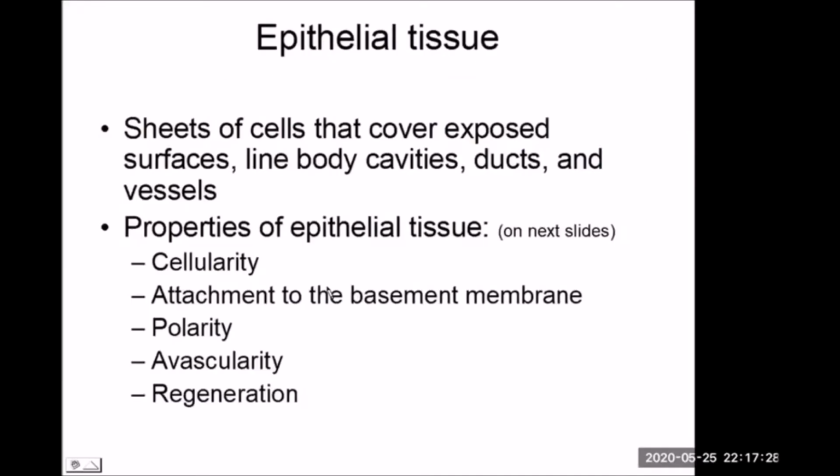So starting with epithelium, we find this tissue connected right at the surface of the body. And these epithelial cells are bonded together. So we have these sheets. You can think of it like a quilt. So a broad sheet of interconnected cells that cover our exposed surfaces.